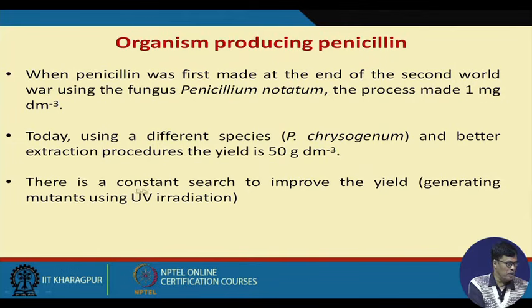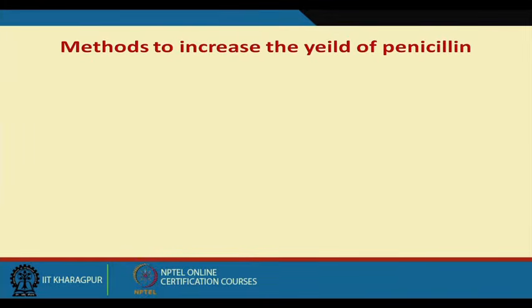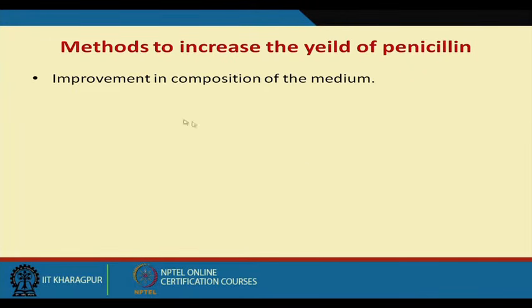There is a constant surge to improve the yield, generating mutants using UV irradiation. Not only UV irradiation, we also carry out different kinds of genetic modification in the system. These methods increase the penicillin yield, as does improvement of the composition of media.